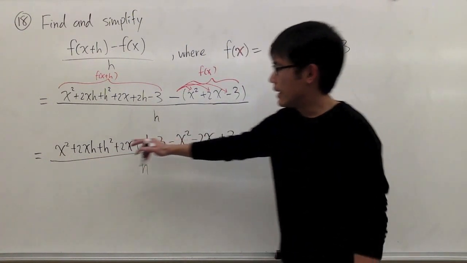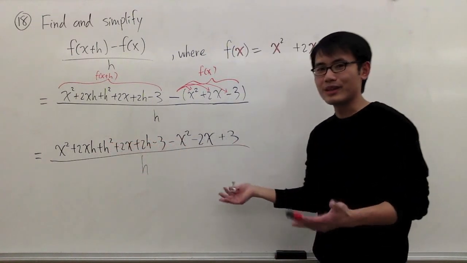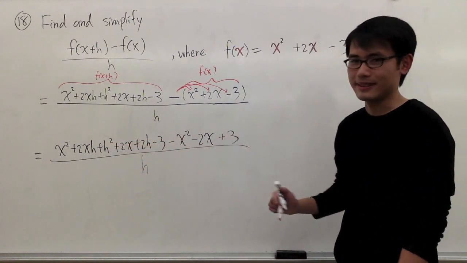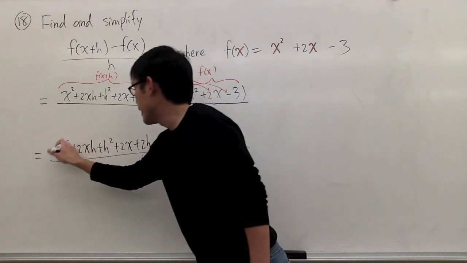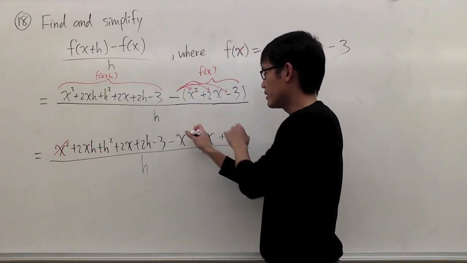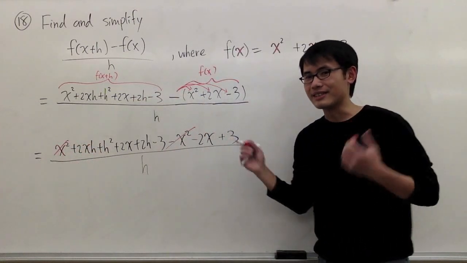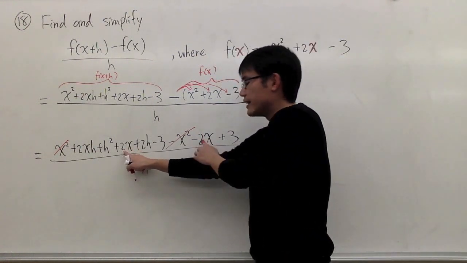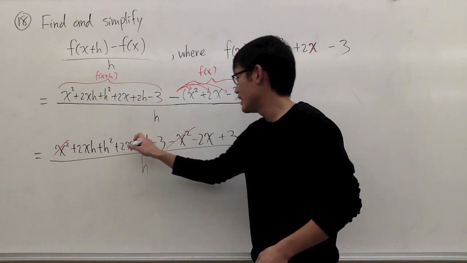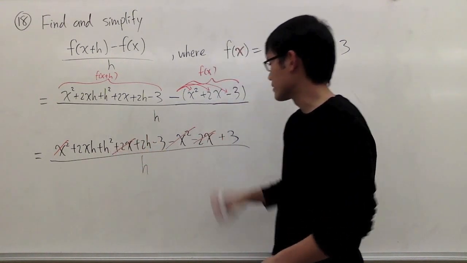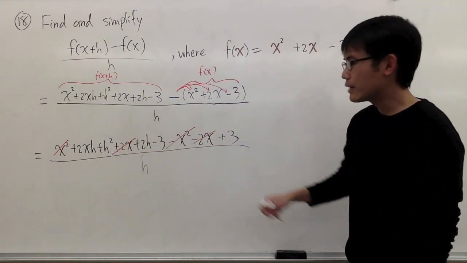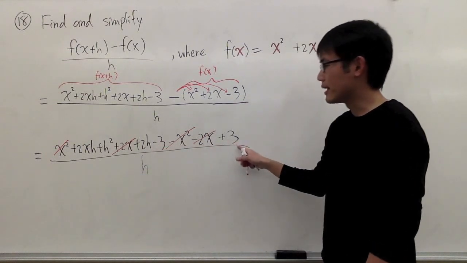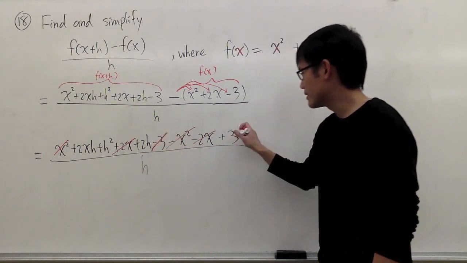Then there should be something that we can cancel out, combining the terms on top. I have the x squared and the negative x squared, they cancel each other out. I also have the 2x here and the negative 2x right here. If you combine them, once again, they become 0. And likewise, I have the minus 3 here and the plus 3 right here, so I can cancel that out.